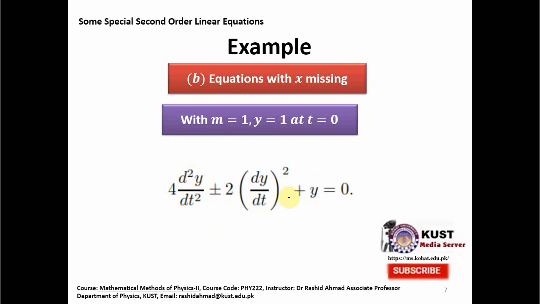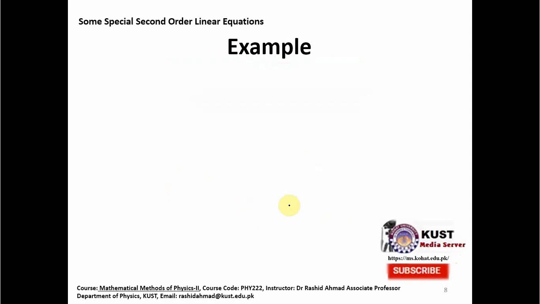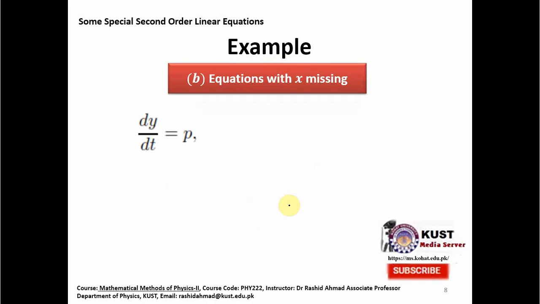Although it's the same equation, it is simpler to solve. And if we solve this equation, we will go towards the method of substitution, as we have already learned, that dy by dt we can put equal to p. Remember now that the role of x is being played by t.